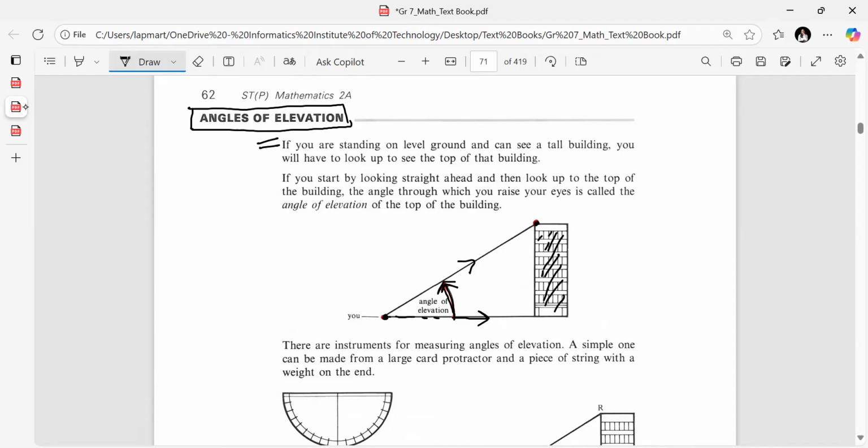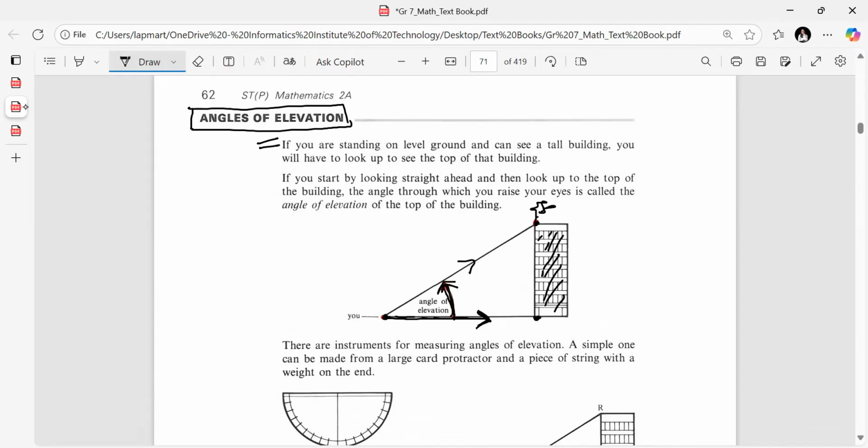Just imagine now your eye level is here, and you are looking at the car park, the ground floor car park, let's say, or the security point. But you know that there is maybe a flag or something here, and you want to look at that. Earlier you were looking at this, now you want to look at this.